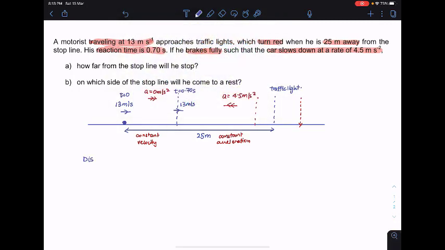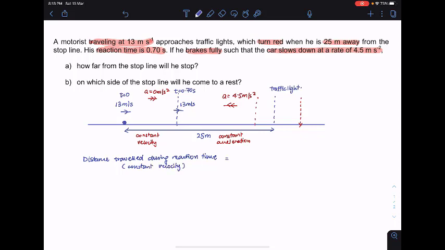So distance traveled during reaction time, okay, and this part is actually constant velocity. There is no acceleration.